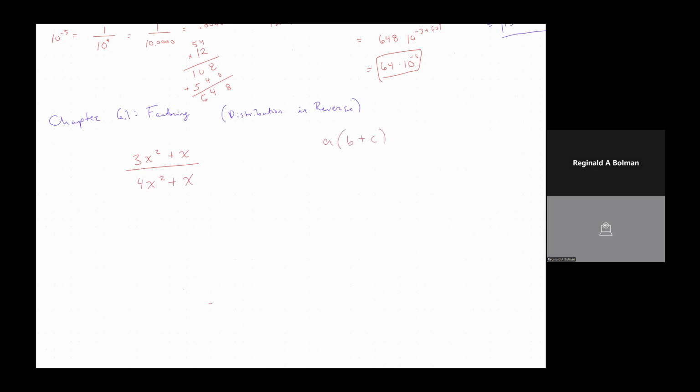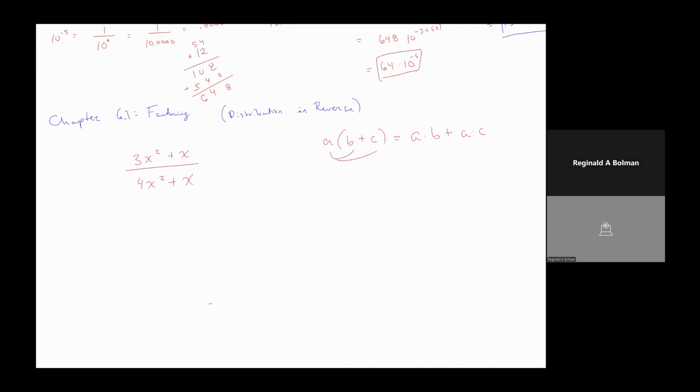According to the distribution law, you guys will recall that anytime you have a number that's parked out in front of a sequence of terms, you can take that number and multiply across the terms that are being added or subtracted from one another. So if you had 3 terms, you do that 3 times. If you have 4 terms, you do that 4 times, so on and so forth.